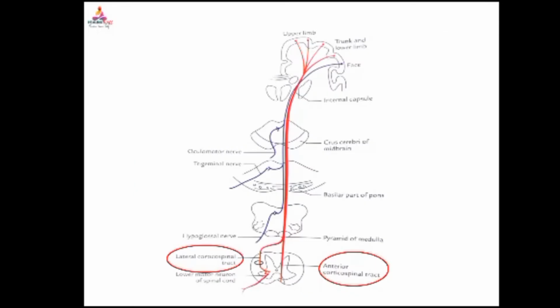This is the corticospinal tract and pyramidal tracts. The pyramidal tract consists of about 1 million fibers. These arise from the motor area of the cerebral cortex, hence termed the upper motor neuron.